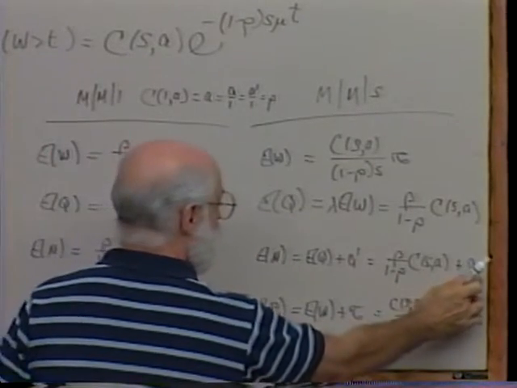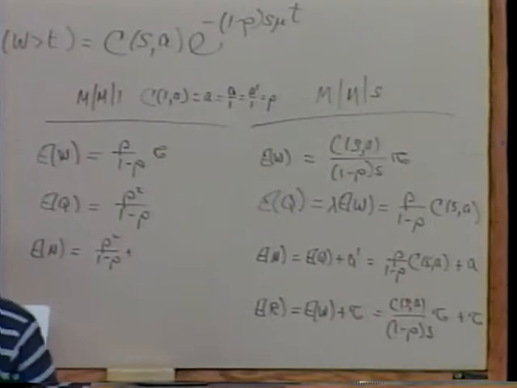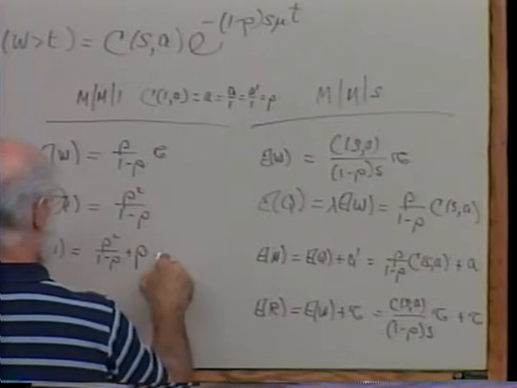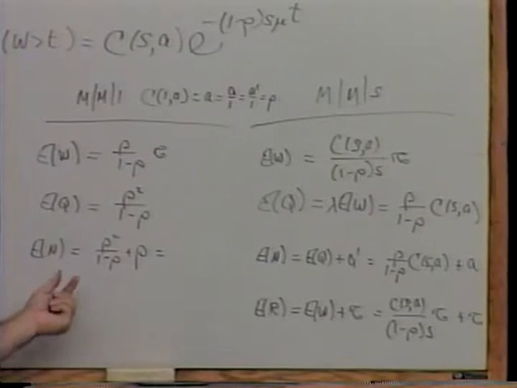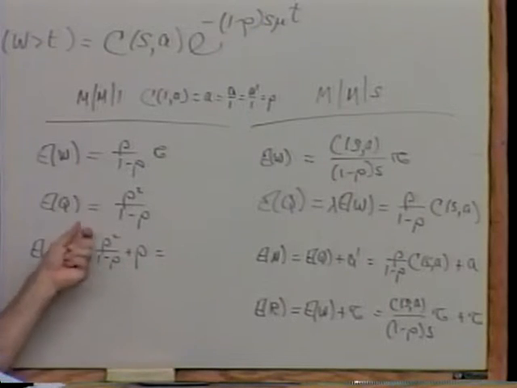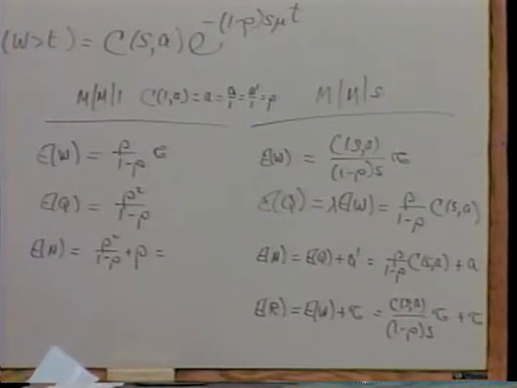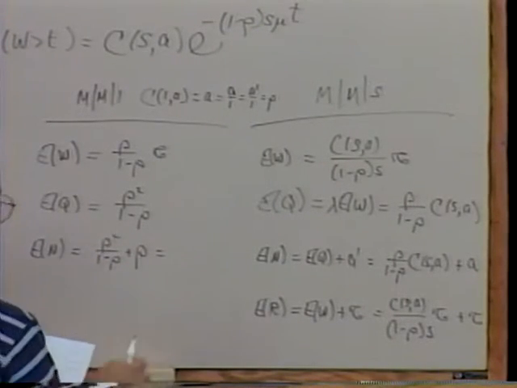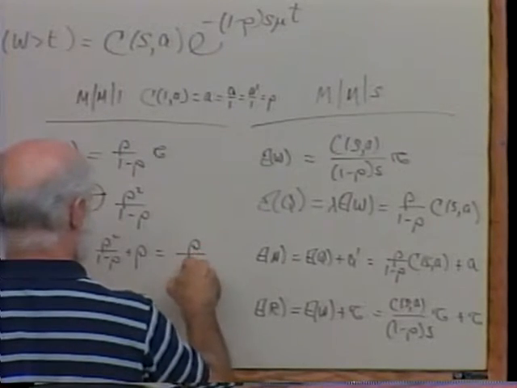This piece is rho. Now, by simple arithmetic, writing rho over a denominator, multiplying numerator and denominator by 1 minus rho, the rho squared term cancels out, and you find yourself with the answer rho over 1 minus rho.